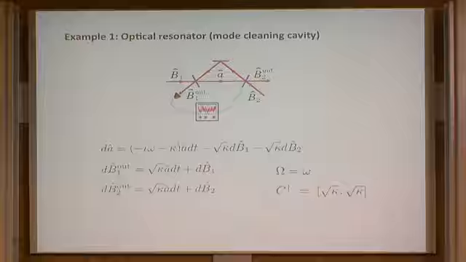In general, the laser field is pretty noisy, but the noise level of the output field is reduced, so this is the mode-cleaned output field. This is often used for optical experiments. In this case, omega is just a scalar. This omega corresponds to detuning, and we want to estimate this value. And C is a coupling matrix, and in this case, kappa is the coupling strength between the field and the internal mode.